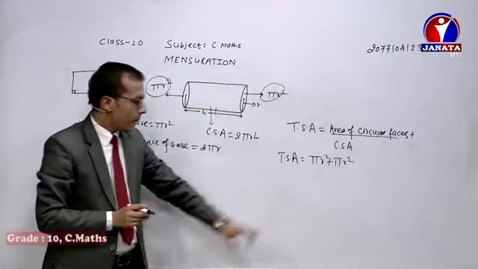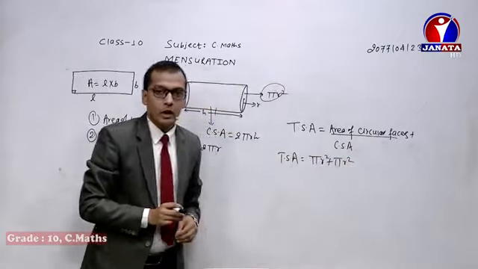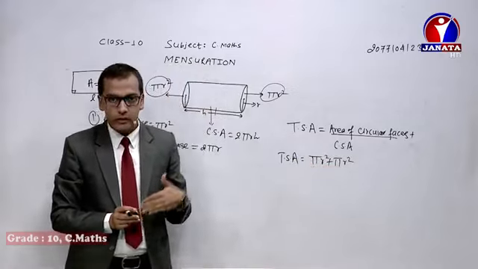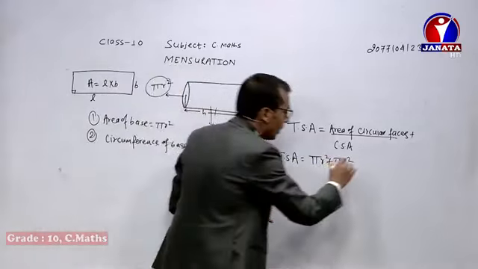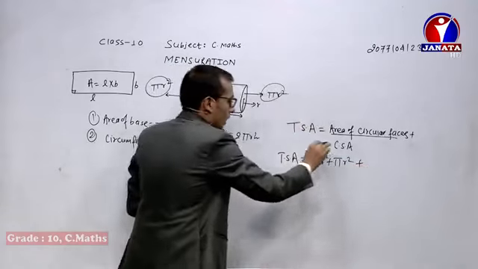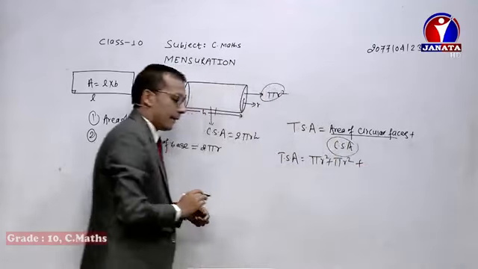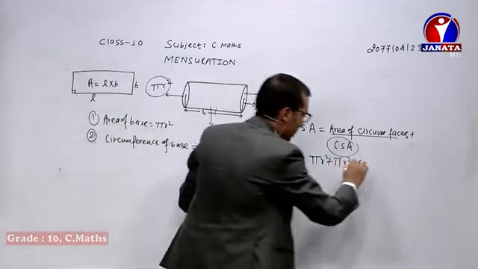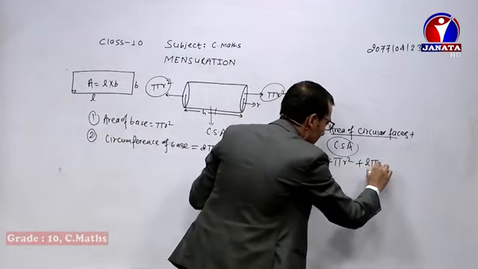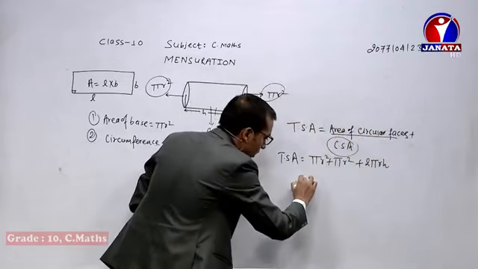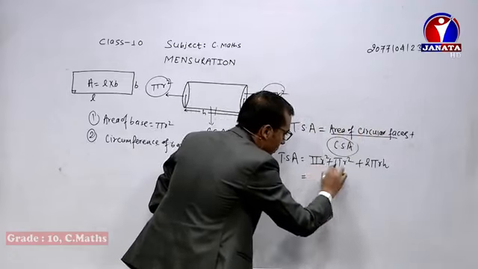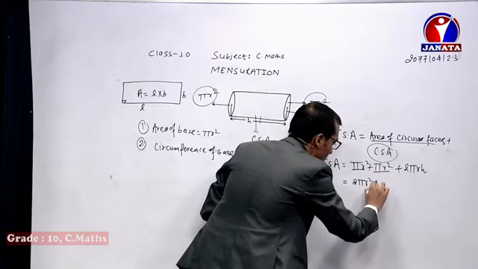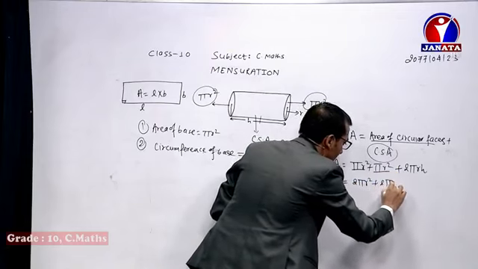These two are the areas of two plane surfaces, which are the circular faces in case of a cylinder, plus the curved surface area, the lateral surface area, 2 pi r h. So we can add pi r square plus pi r square, which is 2 pi r square, plus 2 pi r h.